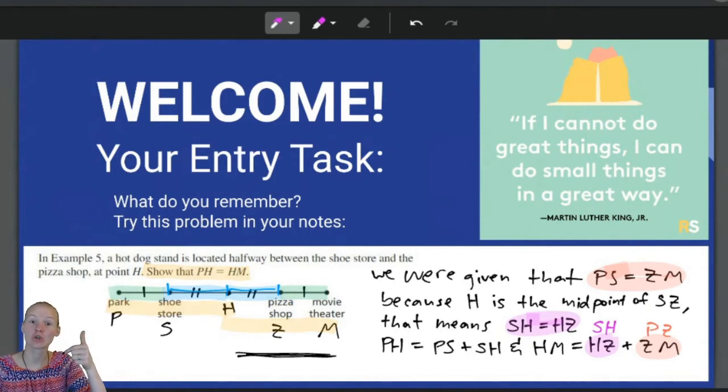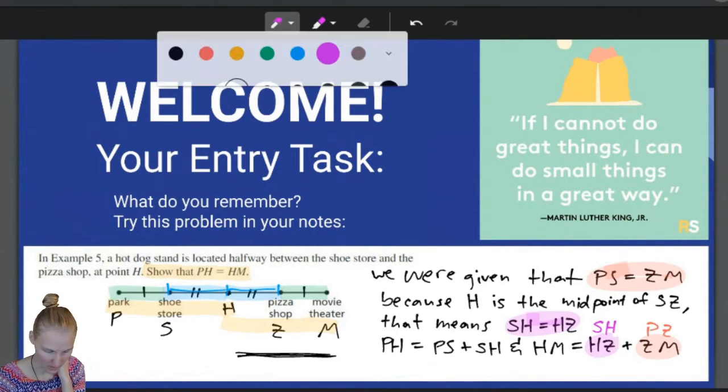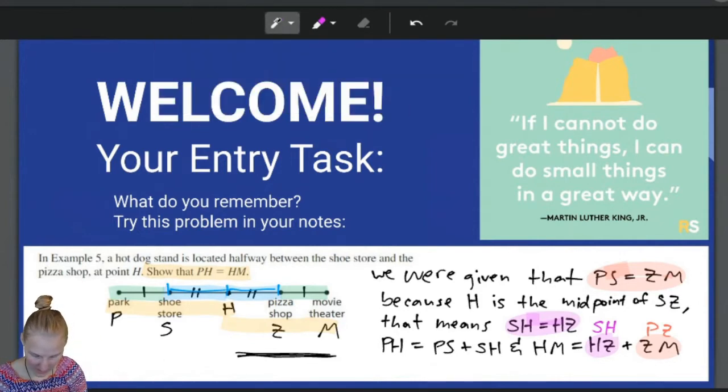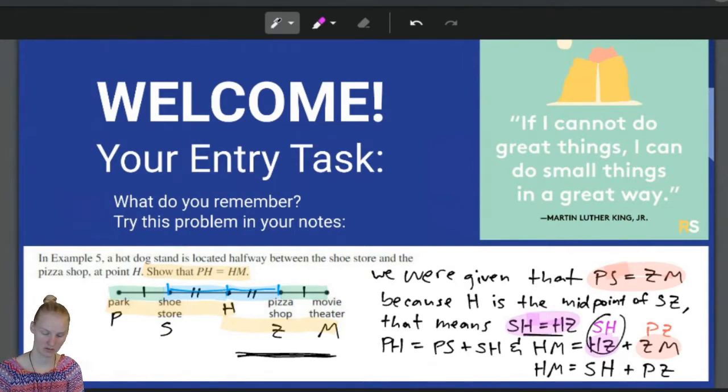That's that substitution property of equality we talked about 2 videos ago. So now that means that HM is equal to SH plus PS, because SH is the same as HZ. So I can just swap them out for one another.